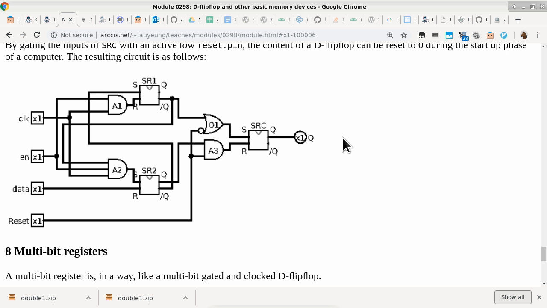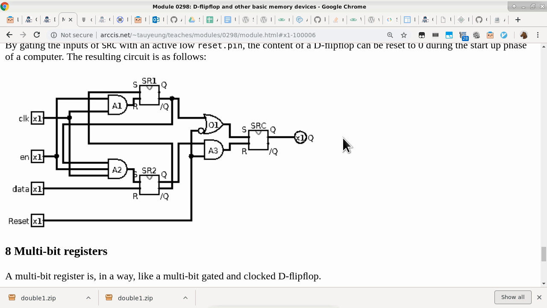So anything or false is preserving the original value. So that means when the reset pin is a 1, it doesn't do a single thing. It just preserves whatever is coming in, and it just gets passed through to the S and the R pin. No big deal. What happens when the reset pin is a 0?